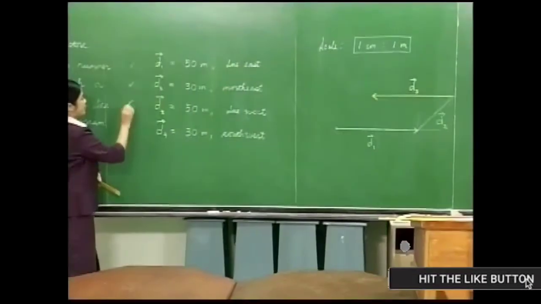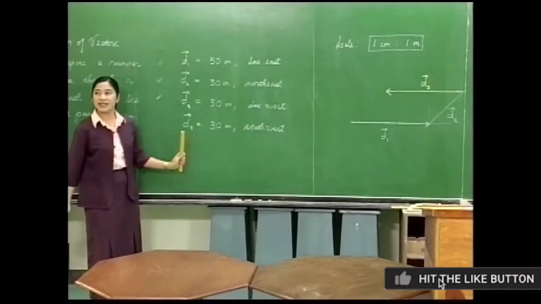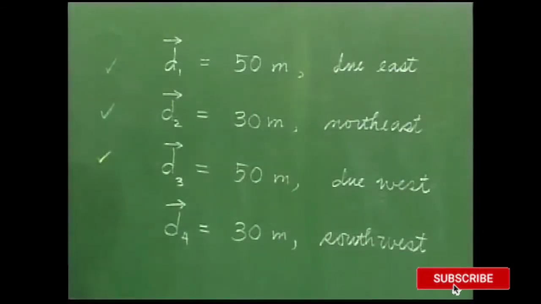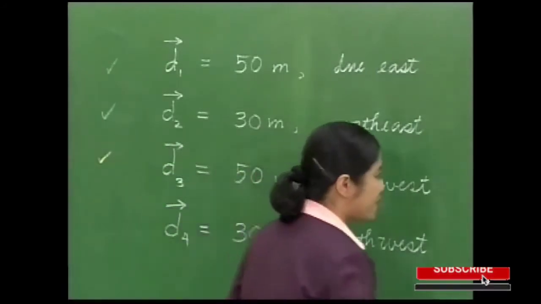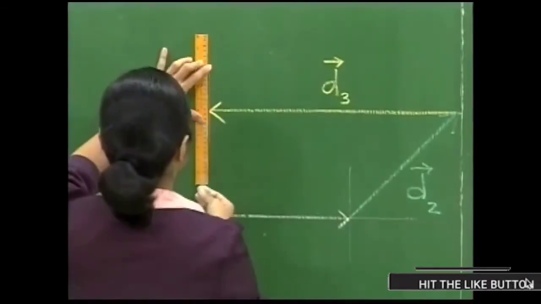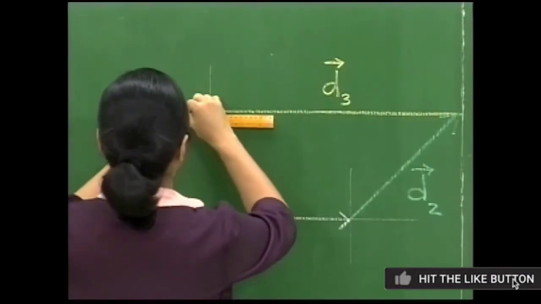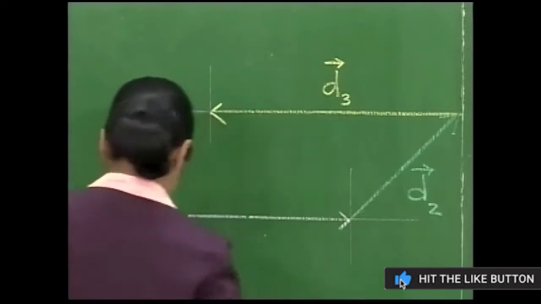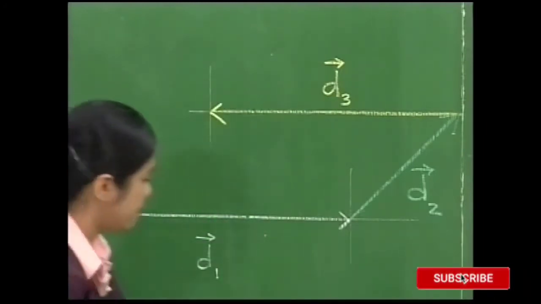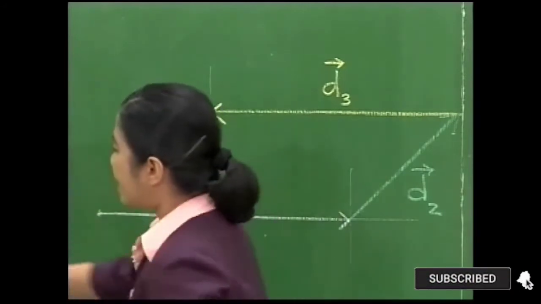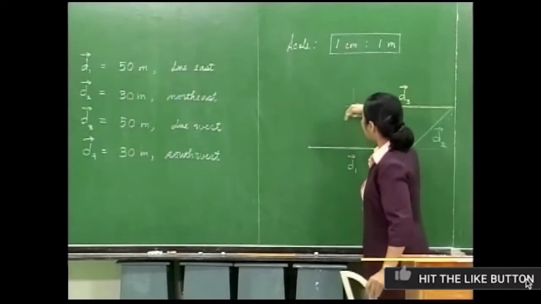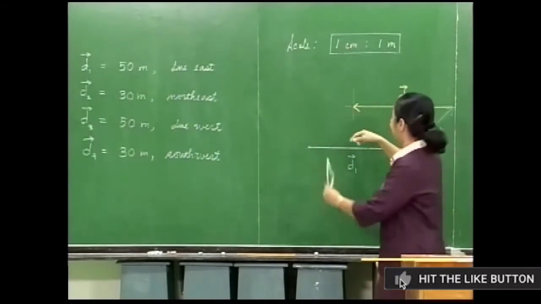And finally, we look at D4. It is 30 meters southwest. So again, we measure the angle. Let's look at the coordinate axis here. It should be southwest. So this is south, this is west. We should measure 45 degrees here.